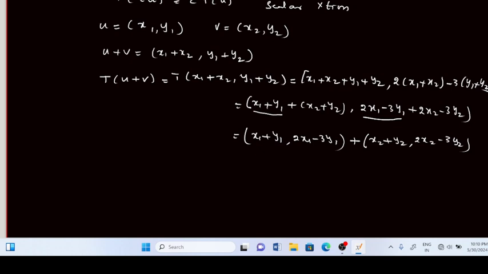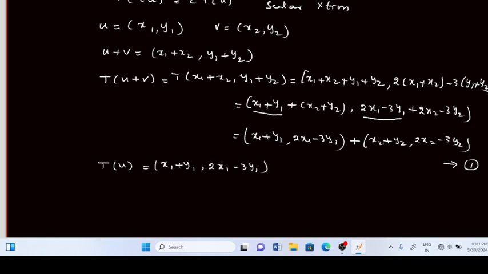So let us consider this as equation number 1, and now we find T of u. So what is T of u? Here x1 and y1 we must substitute in the question. The question is x plus y, so x is x1 plus y1, comma, 2x is 2x1 minus 3y1.